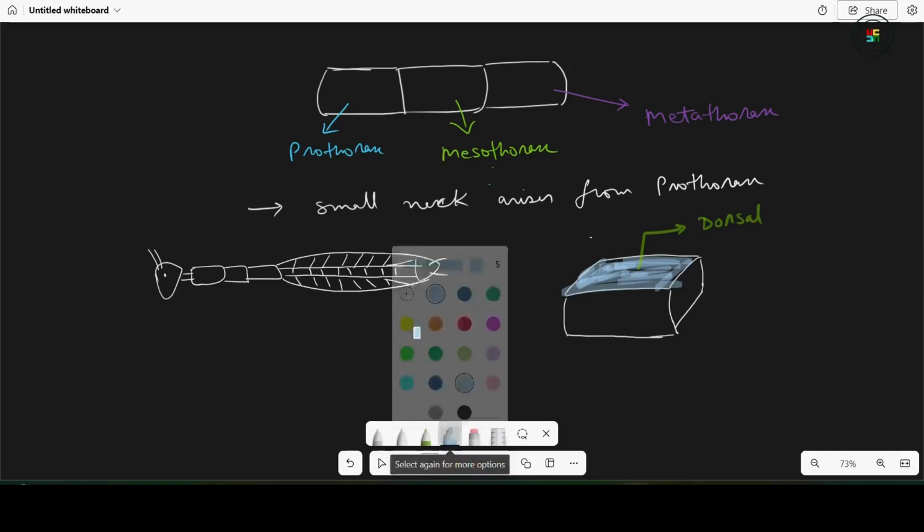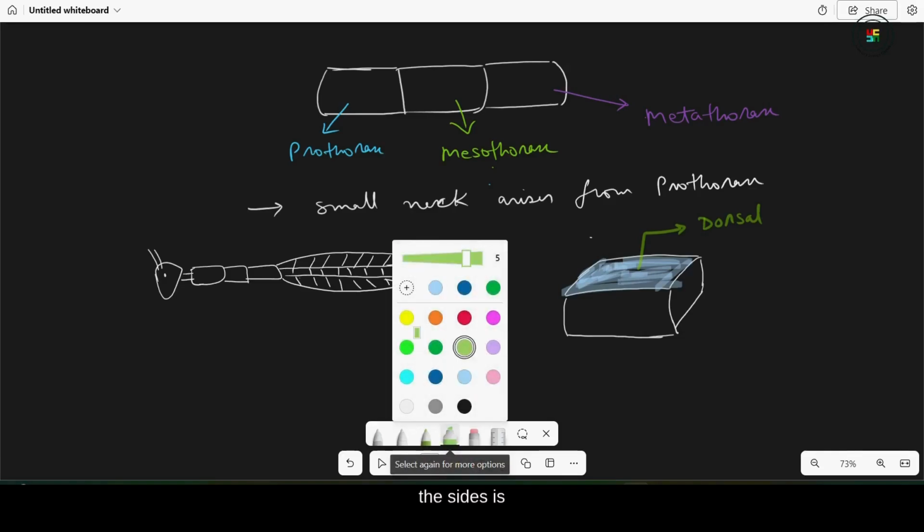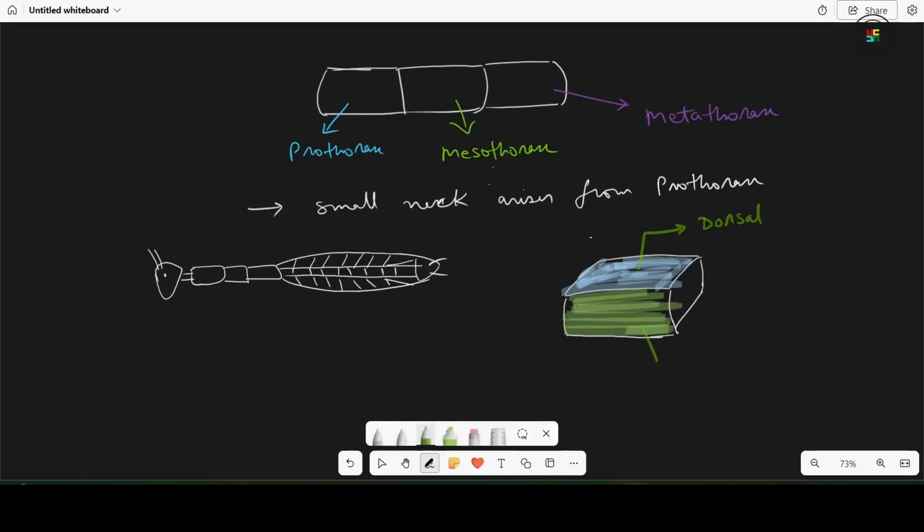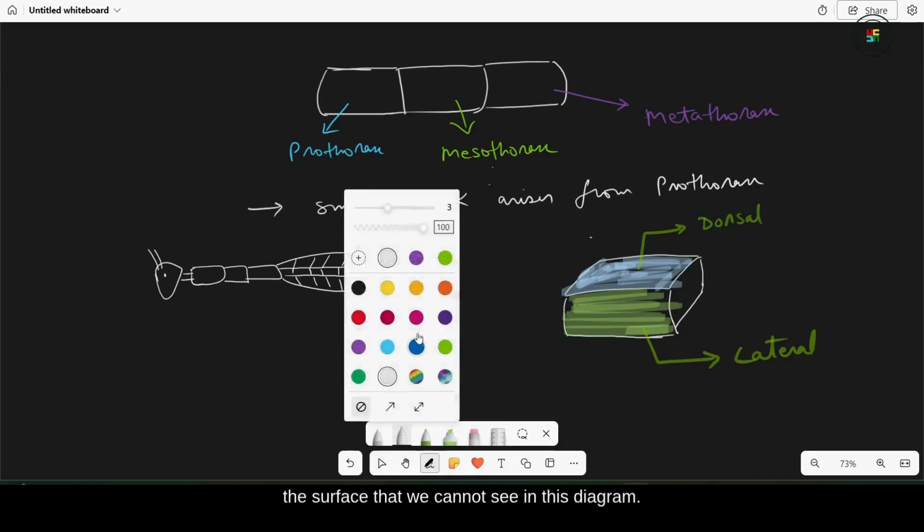And on the sides is the lateral surface, beneath the surface that we cannot see in this diagram.